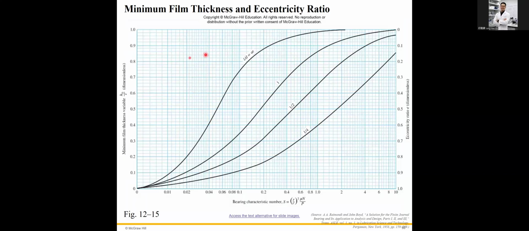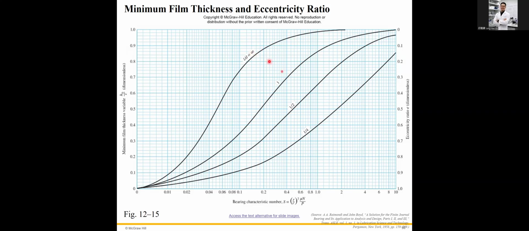This is one of the charts from Raimondi and Boyd. Similarly, the x-axis represents the Sommerfeld number, and the y-axis is h naught over c. All these curves are created from experimental data. L over D is the length of the bushing over the diameter of the journal.